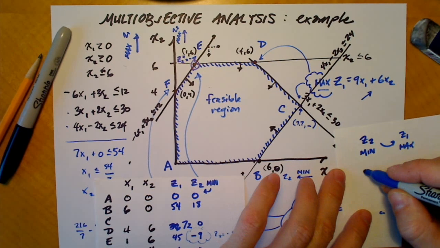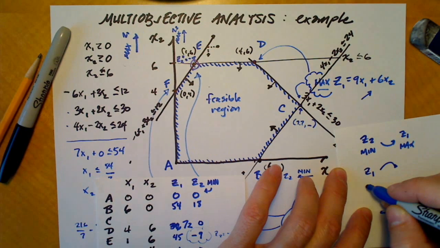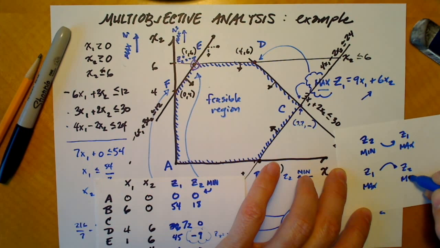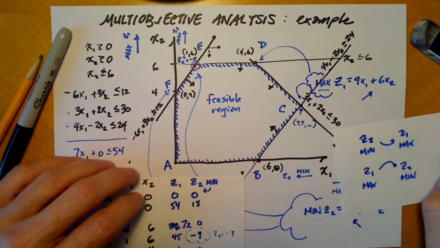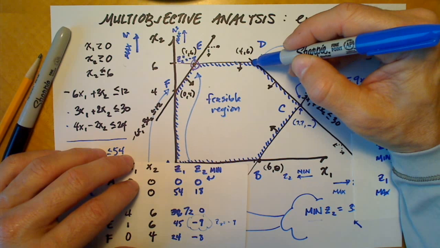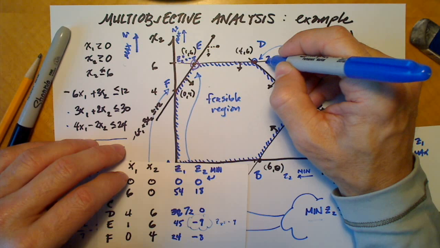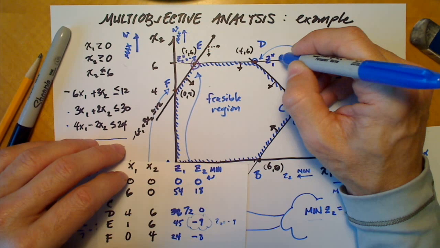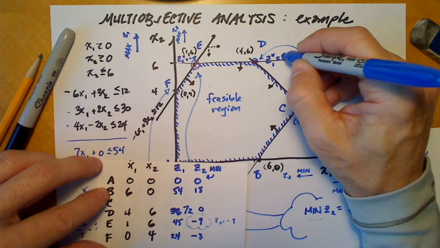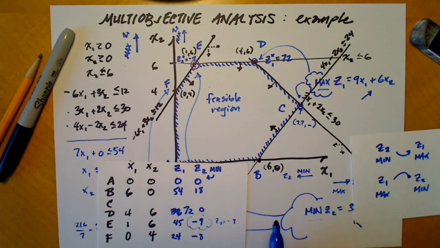But what if we were to do it the other way around? Z1, which we want to maximize, and then Z2, which we want to minimize. Here's what I think you're going to find. Compare this extreme point and this extreme point. Here we have Z1 equal to 72. I think you're going to find the same thing here.